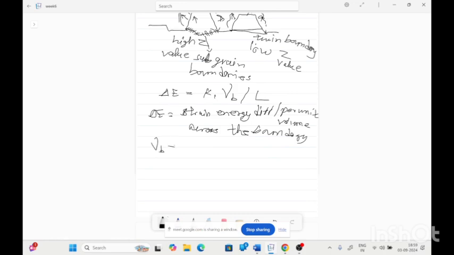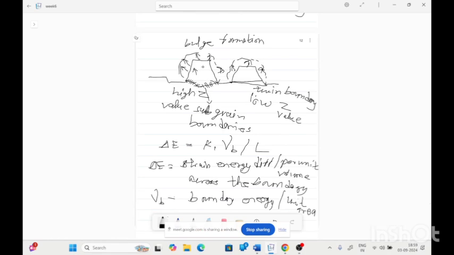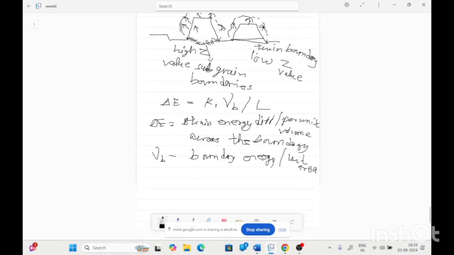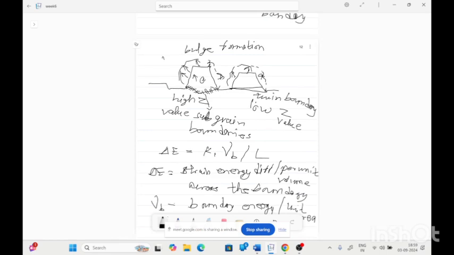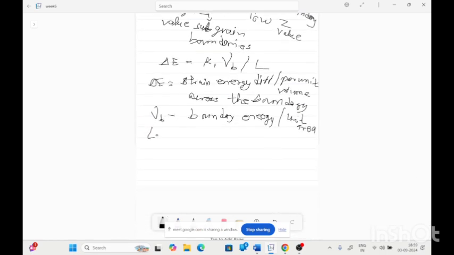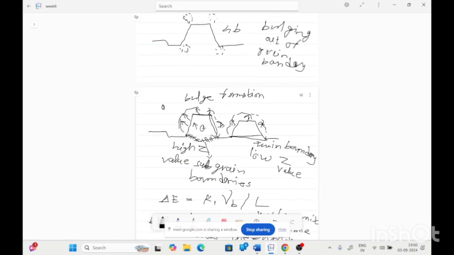Gamma B is the boundary energy per unit area, means the surface energy of this boundary will be written as gamma B. Delta E is the strain energy difference between here and here, and L is the boundary length before bulging, because means the initial length, this.